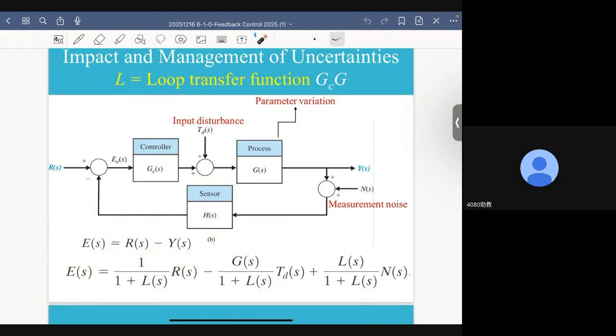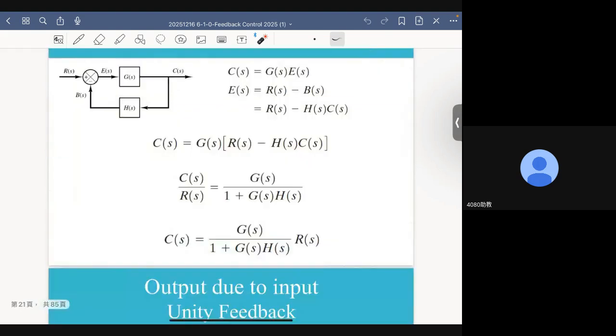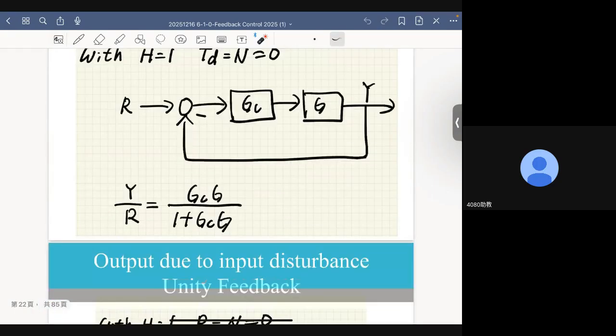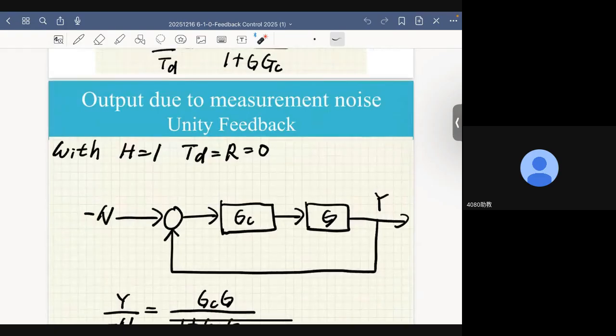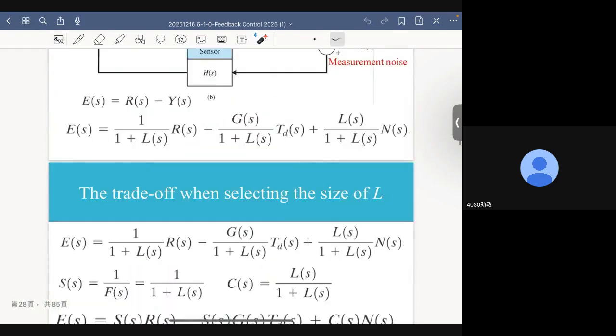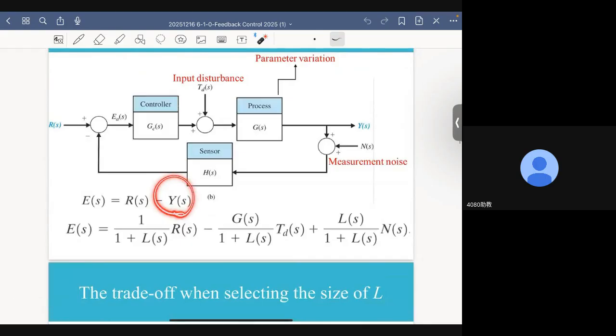Now, since we already know what Y is from here, by substituting that representation into here, this is what we will get. All right.